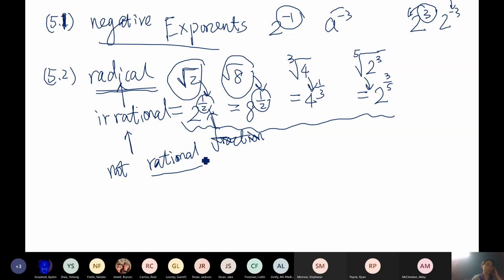Why do we call those numbers not rational? Because back in a few hundred BC, 400, 500, maybe 300 BC, the Pythagoreans did not know radical numbers. The only numbers they knew were fractions.